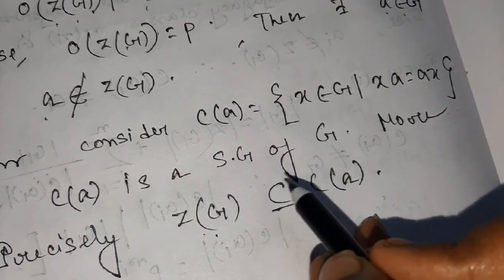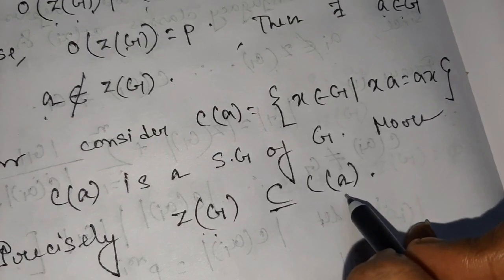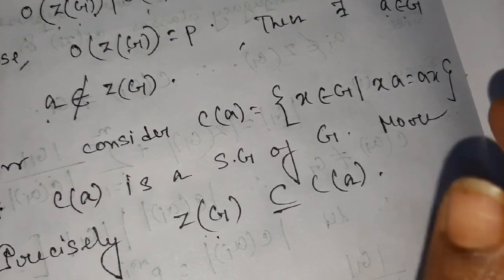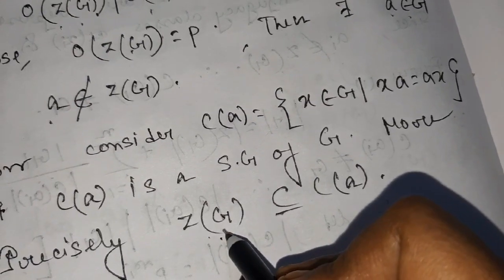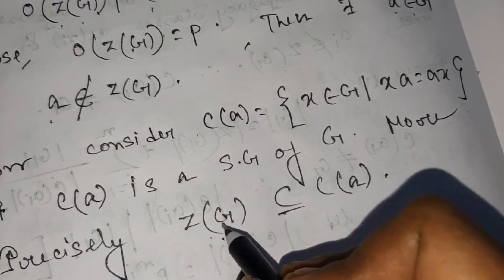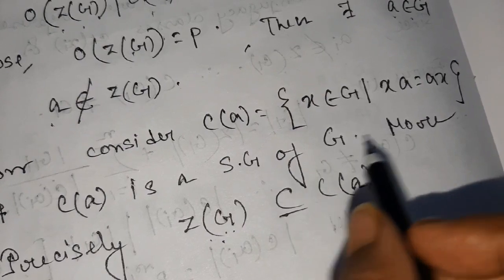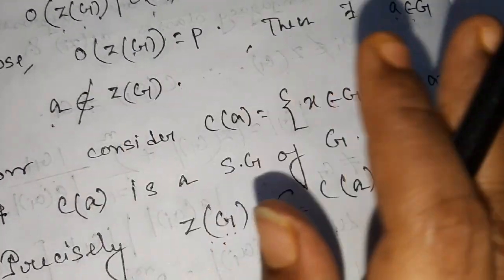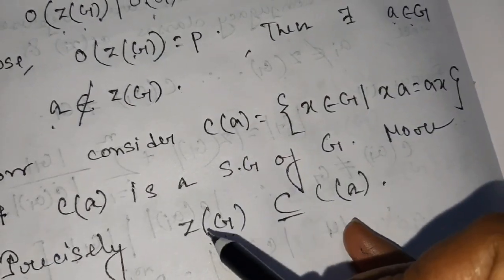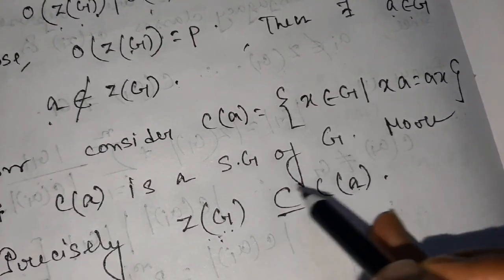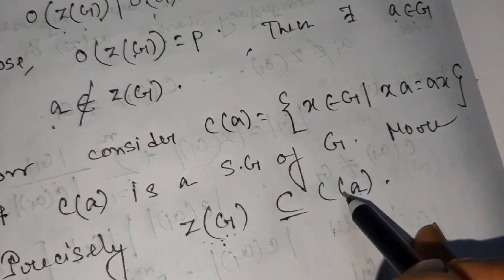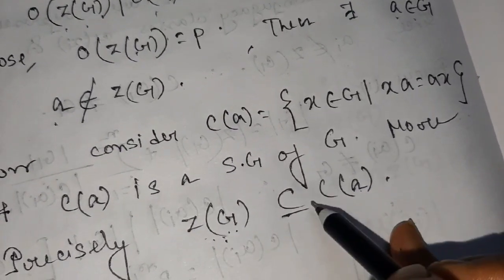That means that element will be a member of C of A also. Is it clear? I'm saying this again. If you take any element from the center of the group, that element will be commuting with all the elements of the group, so it will commute with this particular element A also, and will be a member of C of A.